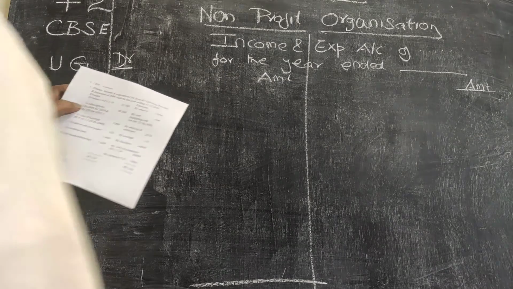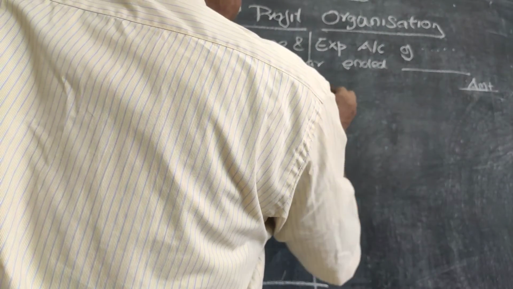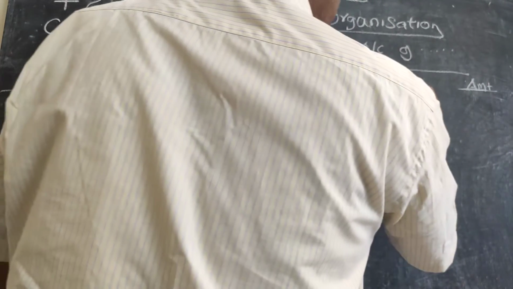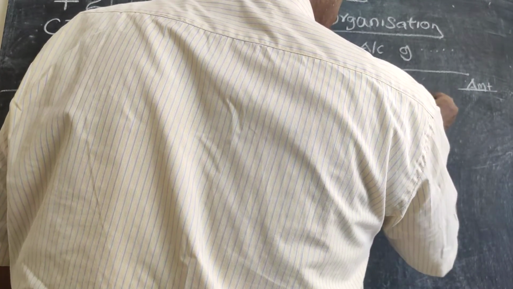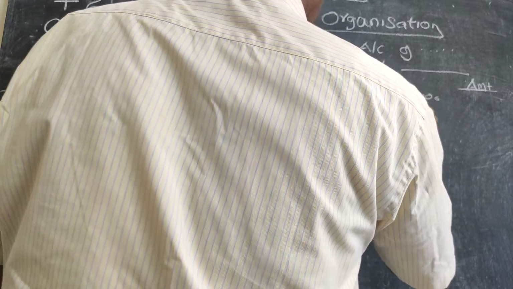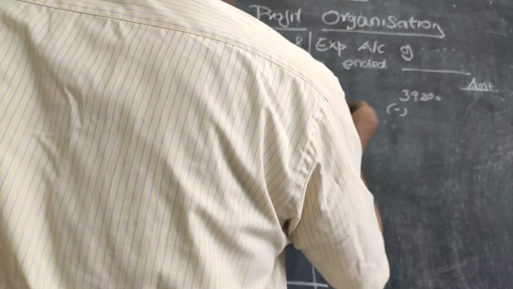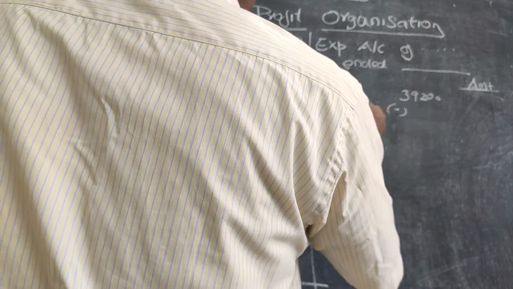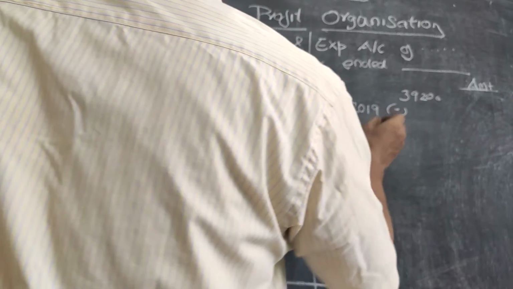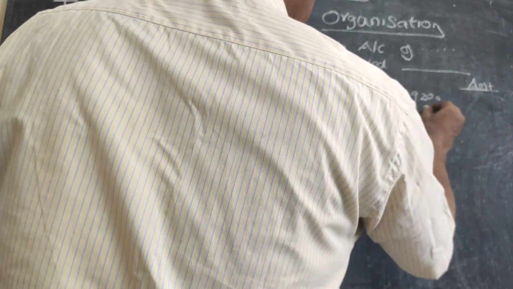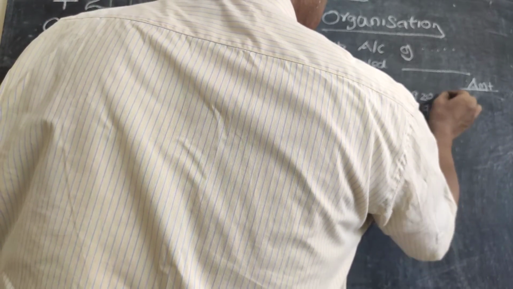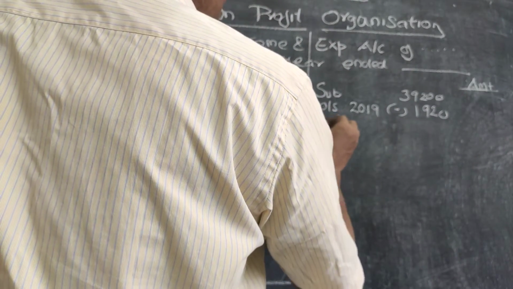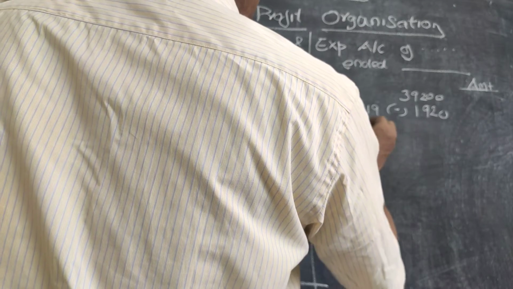On the receipt side, we find the subscription. So subscription actual amount received is 39,200. For 2019, outstanding subscription of 2019 that is received now. So I am removing that figure. Advance subscription for the year 2021.